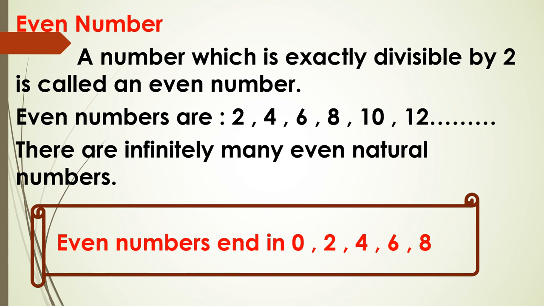If the ones place digit is either 0, 2, 4, 6 or 8, out of these 5, if any one of these is there, then that number is an even number. Means without doing division by 2, we can find out whether the given number is even or not, only by checking the ones place digit.